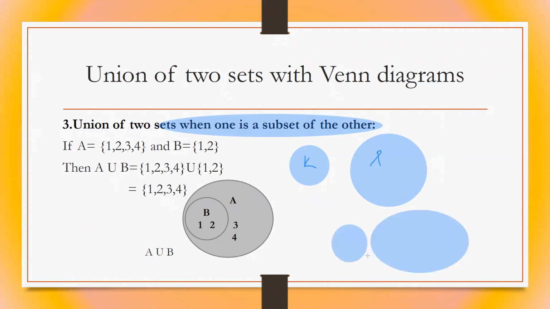No. बेटे, Karachi is in Pakistan. ठीक है? It's a city of Sindh, and where is Sindh? Pakistan. So this circle must be inside Pakistan. Okay? So what we have to do? We have to write K inside Pakistan.